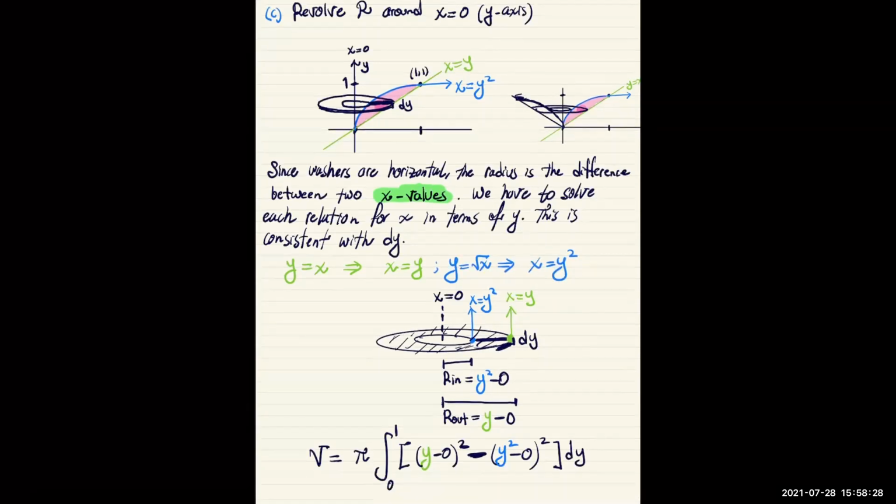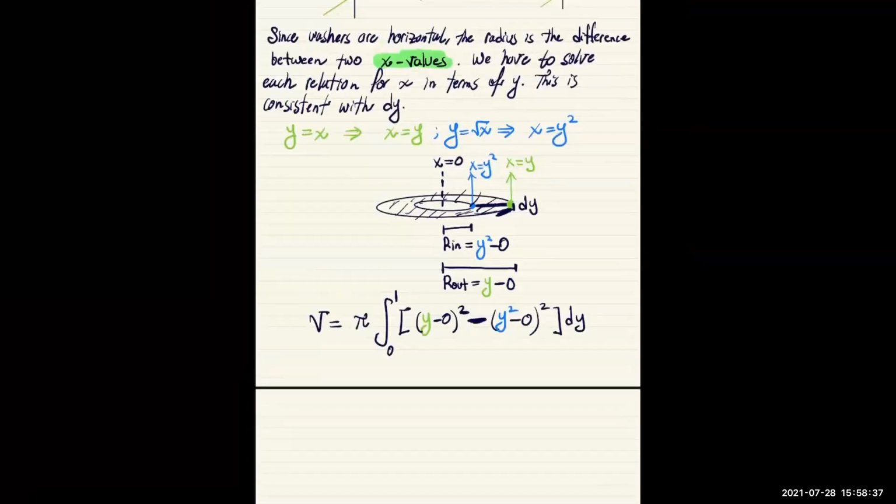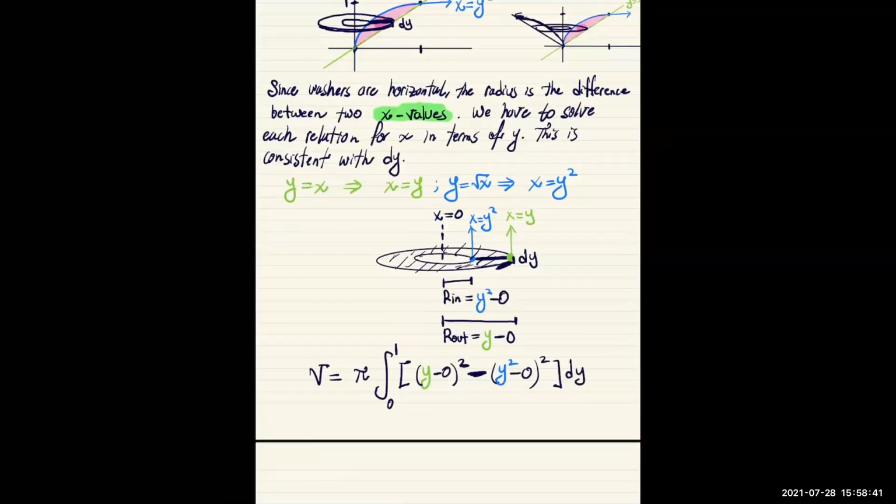So is there a different method that we can use to find volume? Yes. It's called the shell method. So let me start a new notebook. This is called volume.